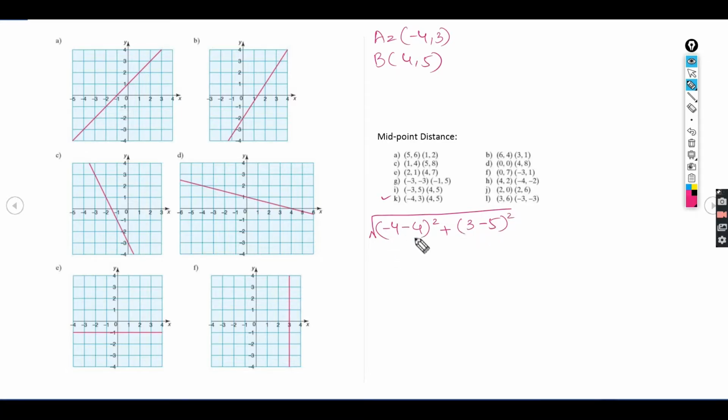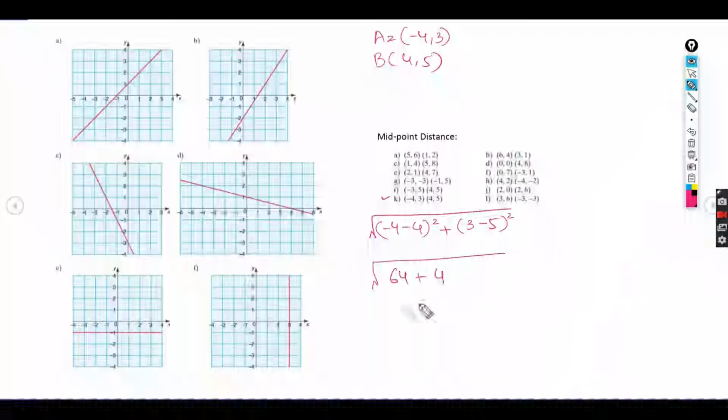So -4 minus 4 gives me -8, and -8 square is 64, plus 5 minus 3 gives me 2. 2 square is 4. So this gives me 4.